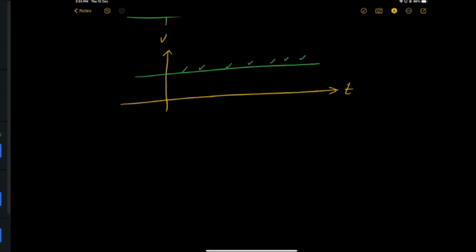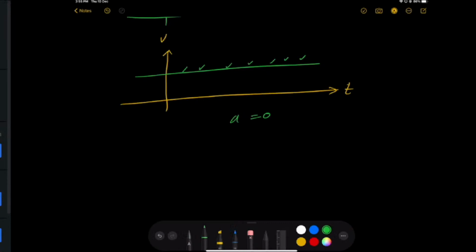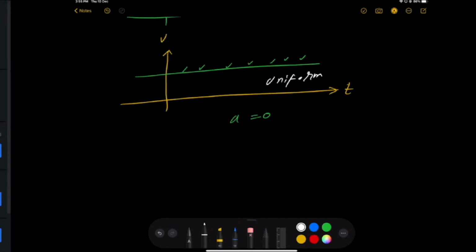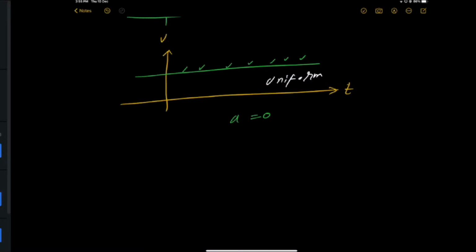But still it's constant, right? Zero is also a constant. So acceleration is zero in this graph, because slope is acceleration. So is this uniform or non-uniform? It is uniform because acceleration is constant. So anything moving with constant velocity is also an example of uniform motion.